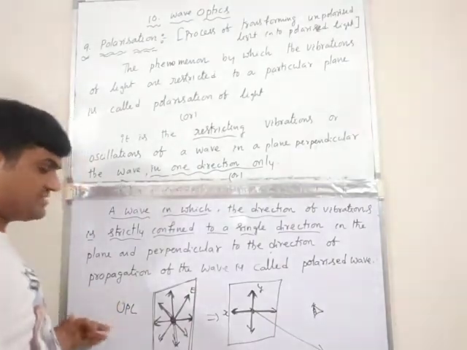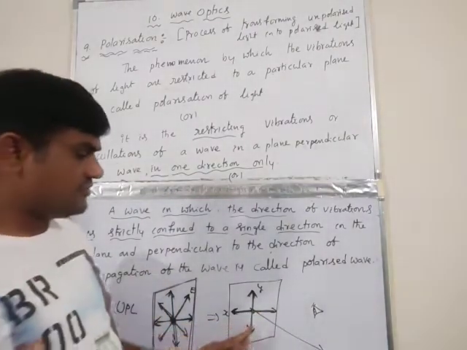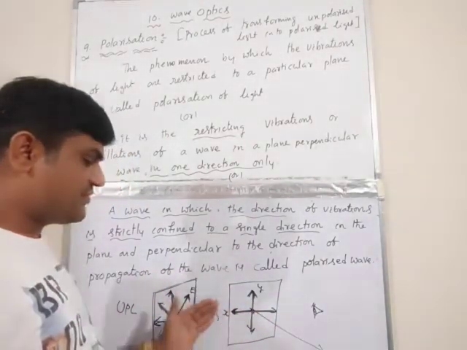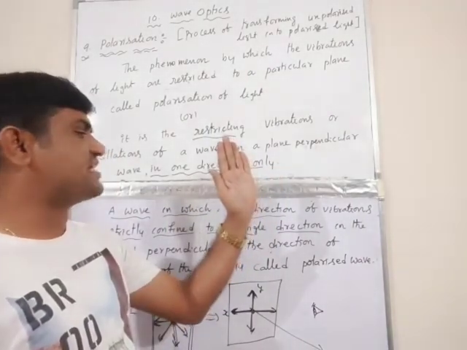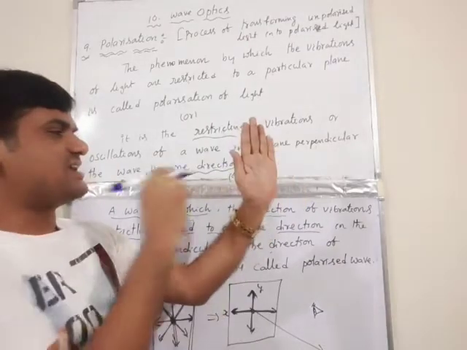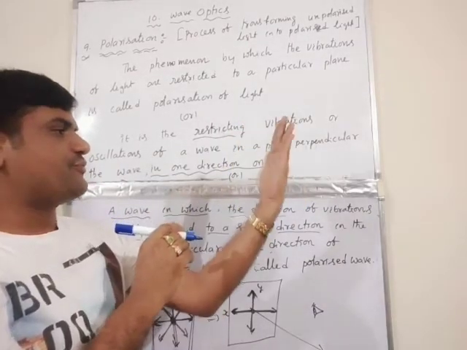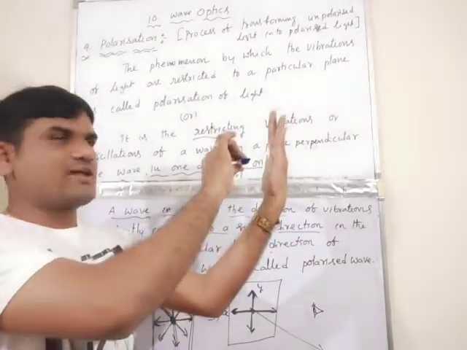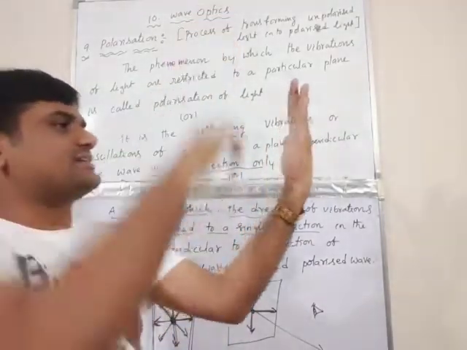Also, I have given the front view. If I see the side view, this is the y axis, this is the x axis. Yes or no? If I see like that, the x axis can appear, the y axis can also appear like that.